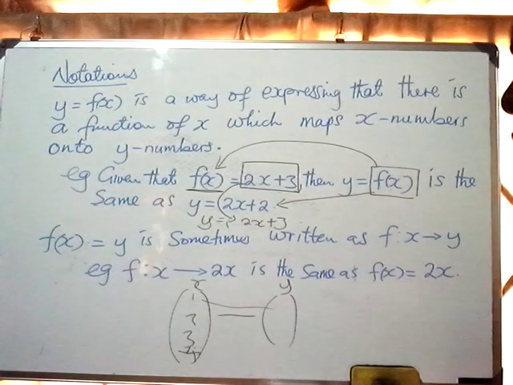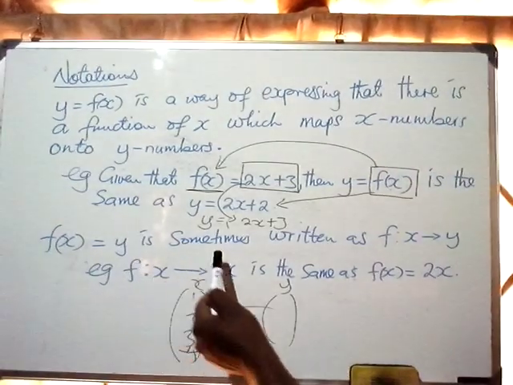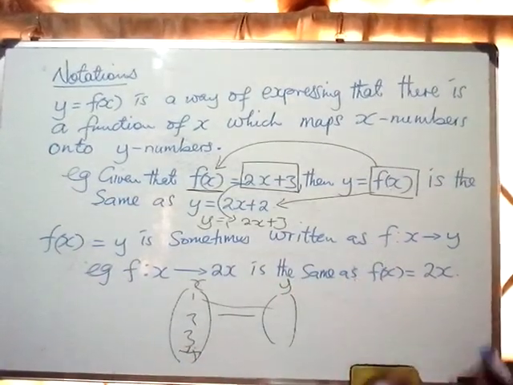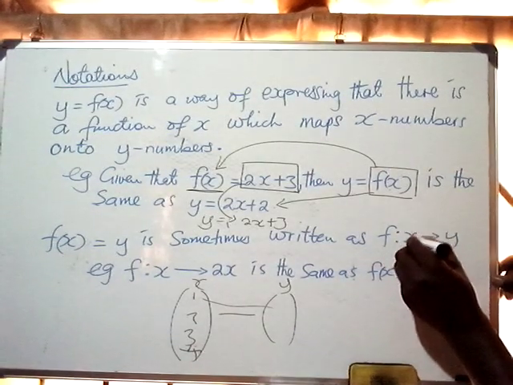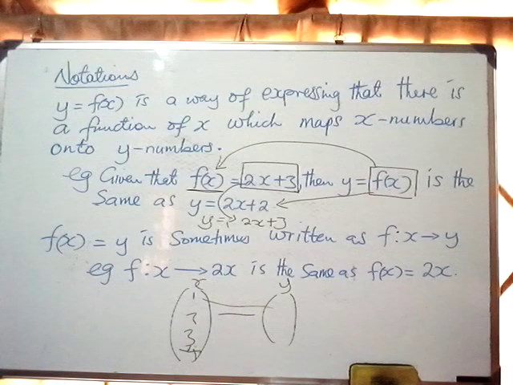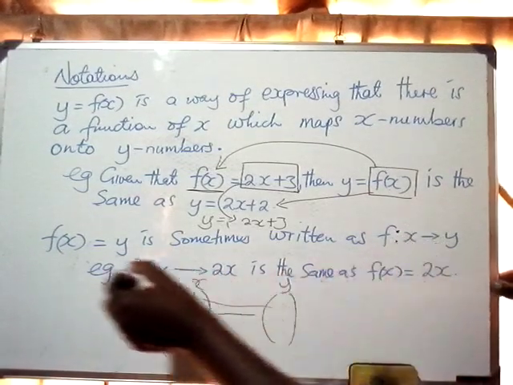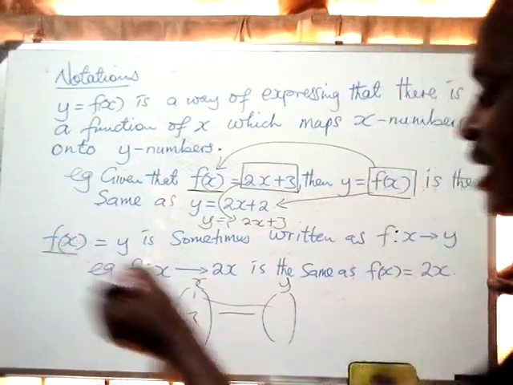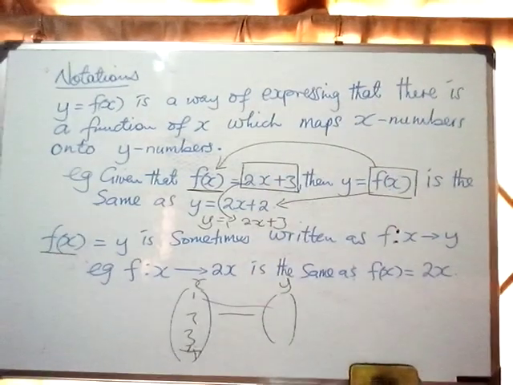What else? f of x is equal to y is sometimes written as f such that x maps to y. Sometimes it may not be written like this; it may be written like this, but the meaning is just the same.